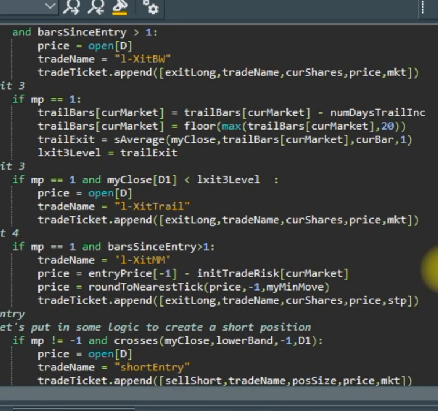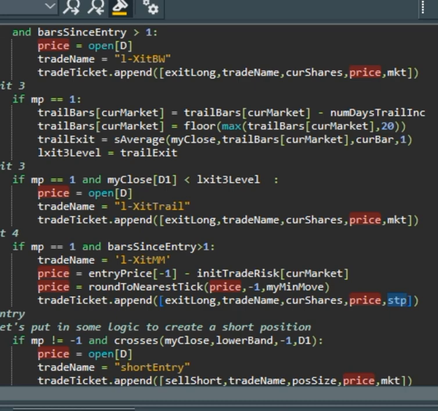So that is the stop that we're going to issue if we're long, the disaster stop. So we're going to append the trade ticket yet again. We're going to exit long, trade name, current shares, price, but we're getting out on a stop order, STP, stop.